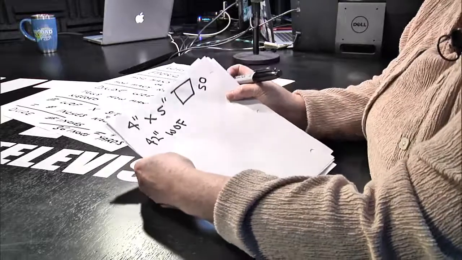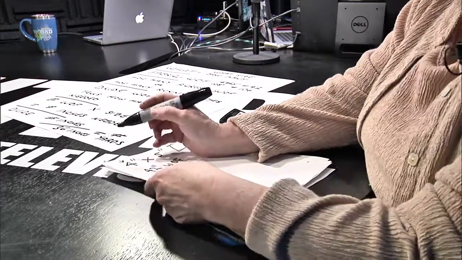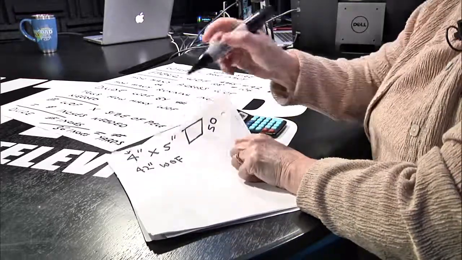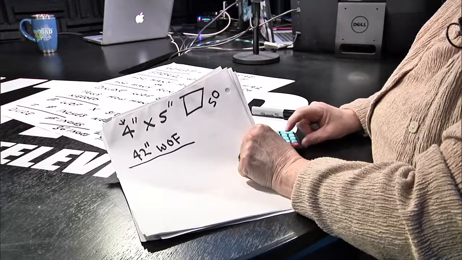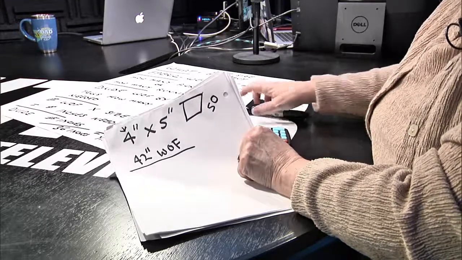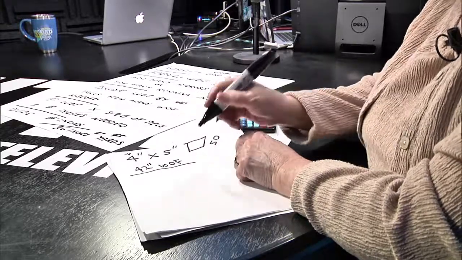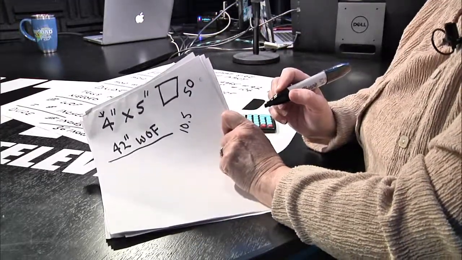And so we're going to see how many times the 4-inch goes across 42. So you're going to divide 42 by 4-inch, and it'll give you 10.5.